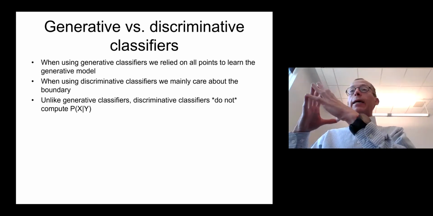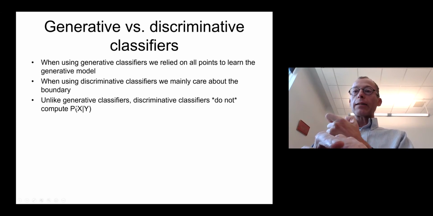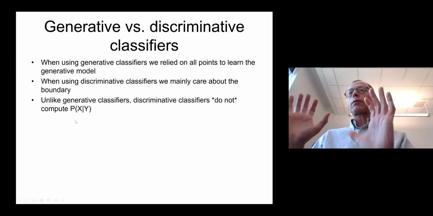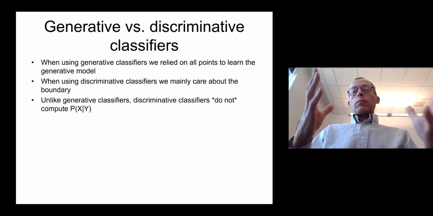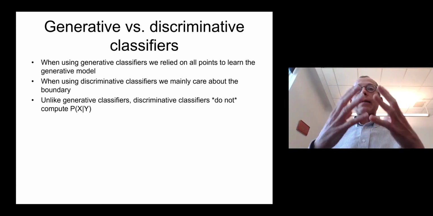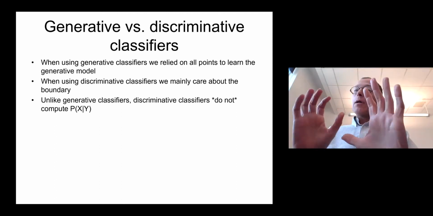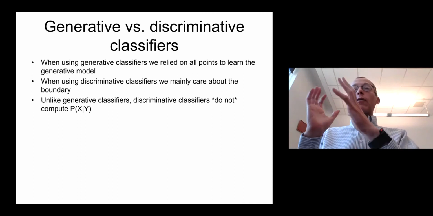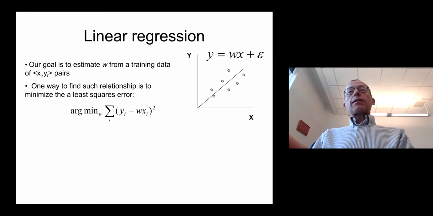In contrast, in naive Bayes, we explicitly try to compute P of X given Y. So that's why it's generative. But logistic regression, which still computes P of Y given X, is not generative. It's not trying to compute P of X given Y. Okay, that's just a point I wanted to make, because this sometimes confuses people that see or hear that I'm categorizing this as a discriminative classifier, but it's probabilistic. So, it's probabilistic, but there is no way to compute P of X given Y. Okay, but that's just a minor point.